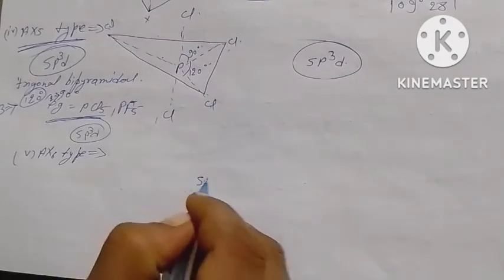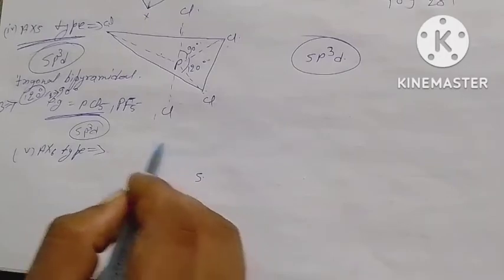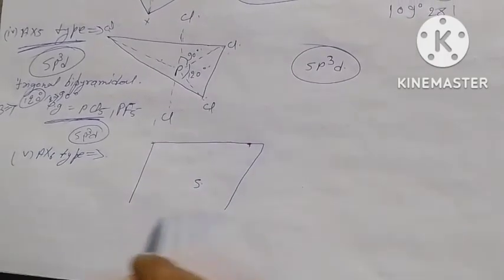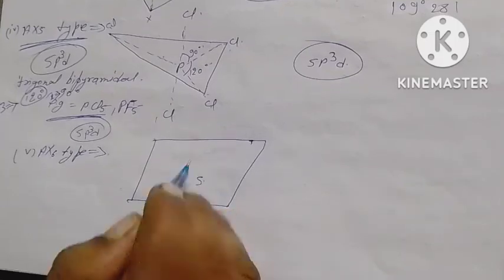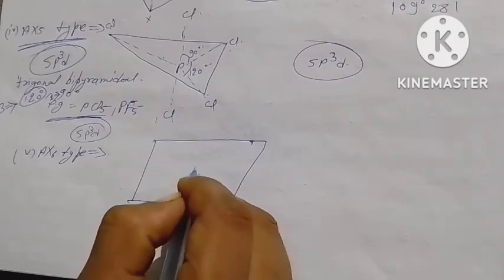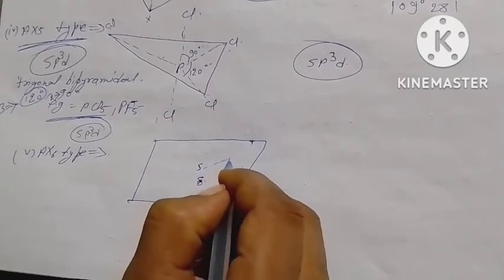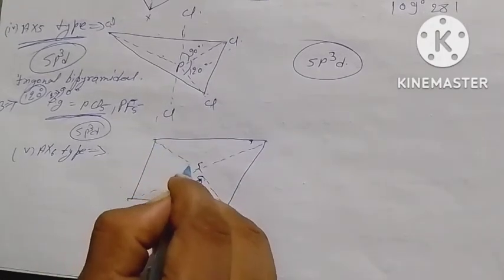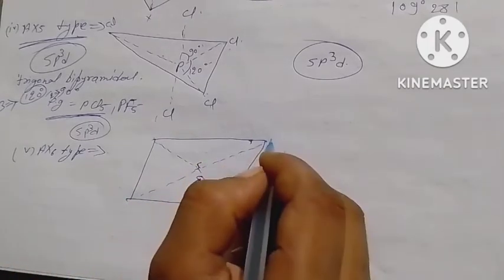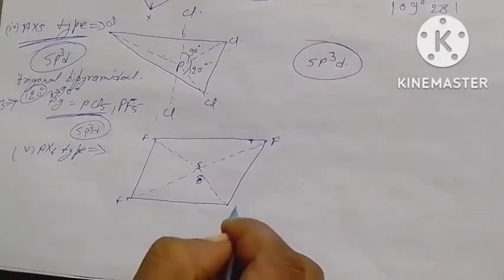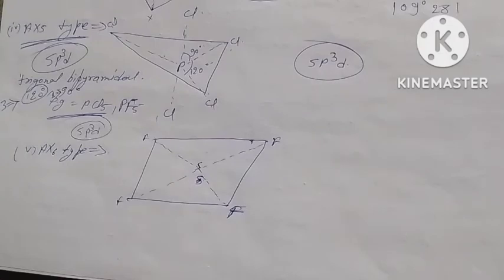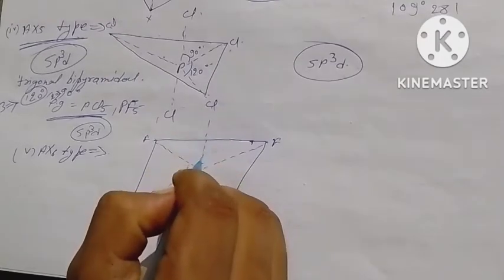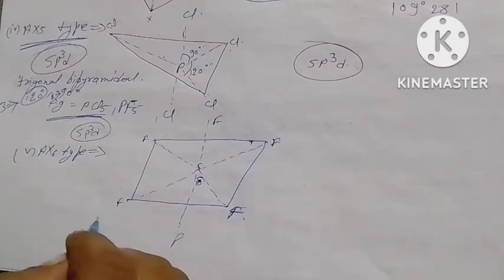As an example, this is sulfur and these are 4 fluorine atoms, and 1, 2, 3, 4, 5, 6.